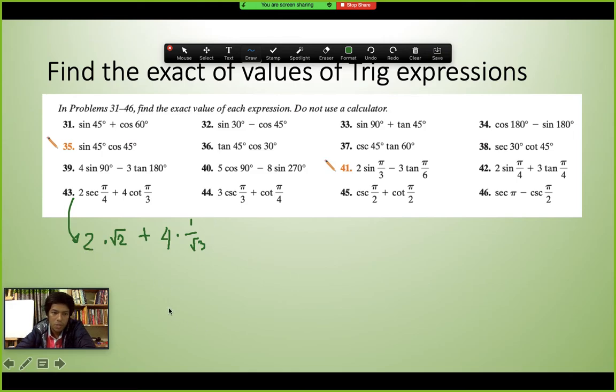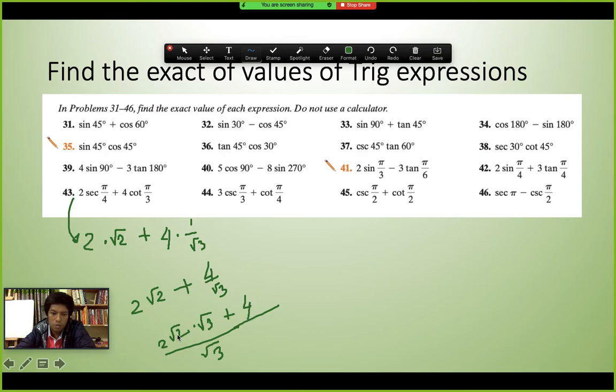So now we can actually multiply them. This is 2 root 2. And this side actually we cannot do anything. So this will be 4 divided by root 3. If we want, we can now do some LCM. So it will be root 3. Then this side will be 2 root 3 into 2 root 2, then plus 4.